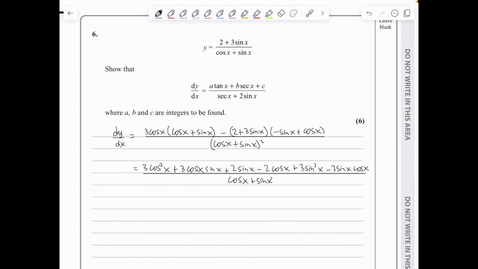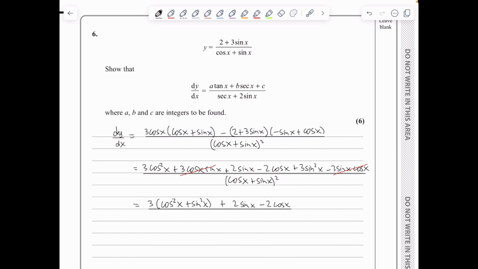So the obvious next step is to simplify the numerator. We can see that the 3 cos x sine x with the minus 3 sine x cos x will cancel out. I will then group together the 3 cos squared plus 3 sine squared, leading to 3 brackets cos squared x plus sine squared x close brackets plus 2 sine x minus 2 cos x.